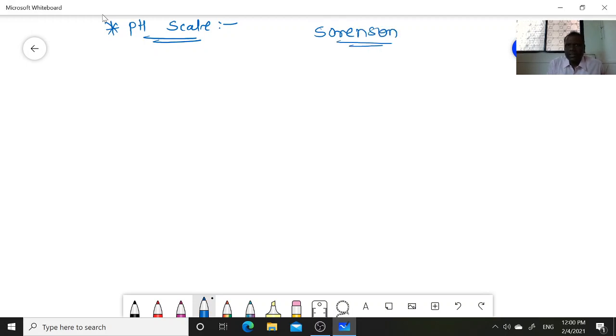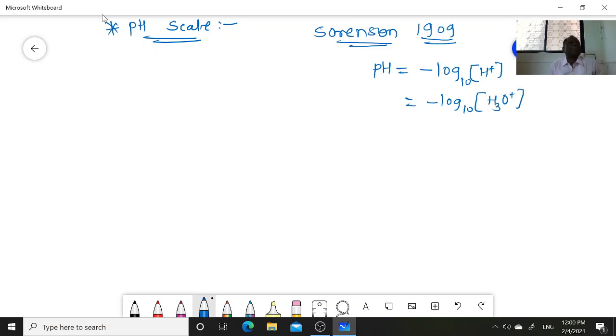Sorensen introduced this terminology in 1909, that pH is equal to negative log to the base 10 of the concentration of H plus, that is equal to negative log to the base 10 of the concentration of H3O plus.